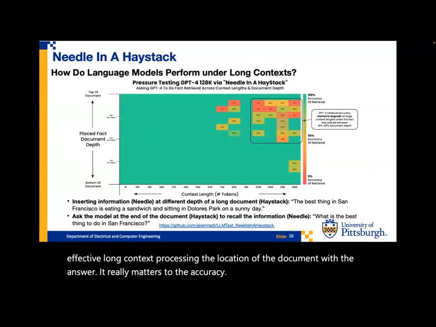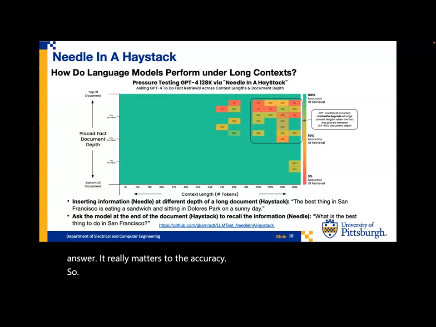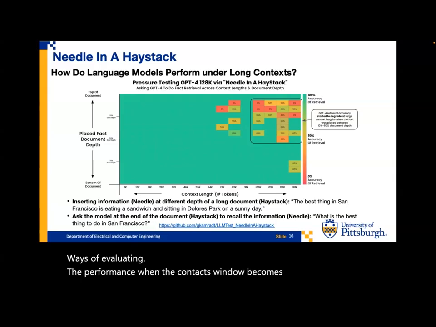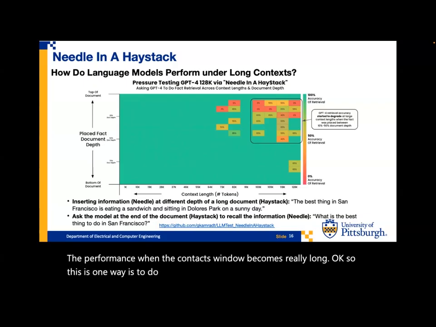So we have a couple of different ways of evaluating the performance when the context window becomes really long. One way is the so-called needle in the haystack.